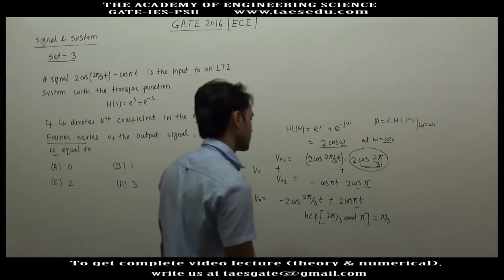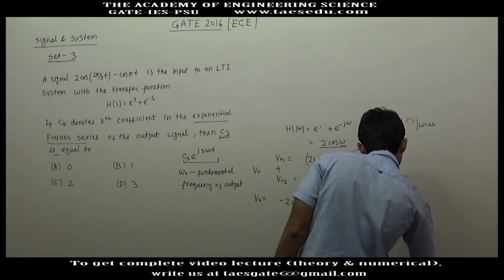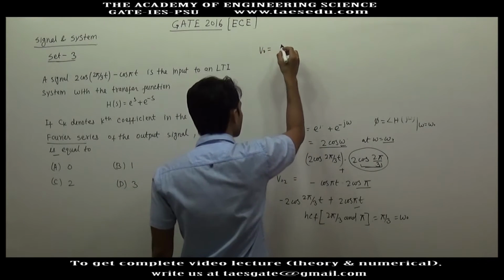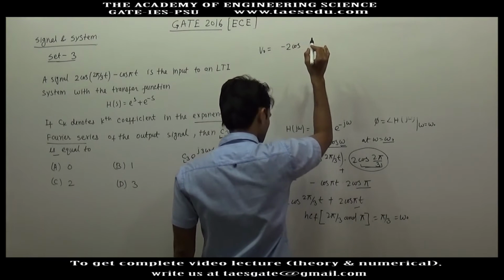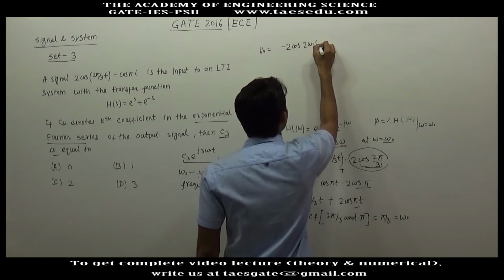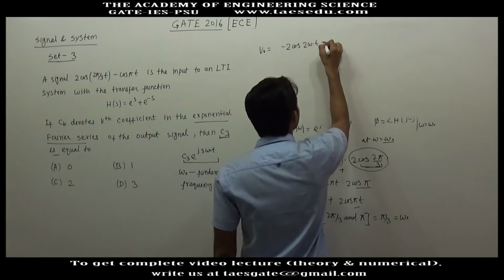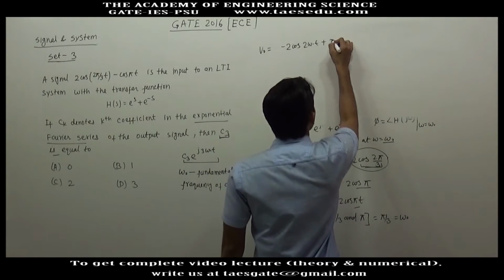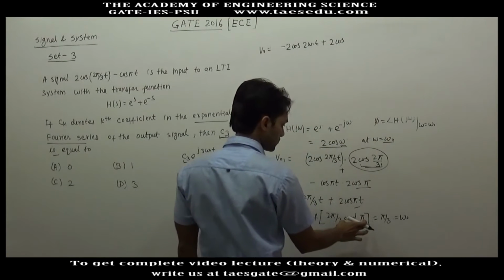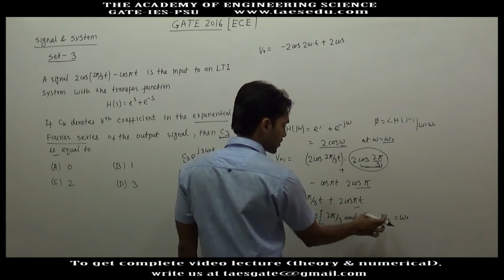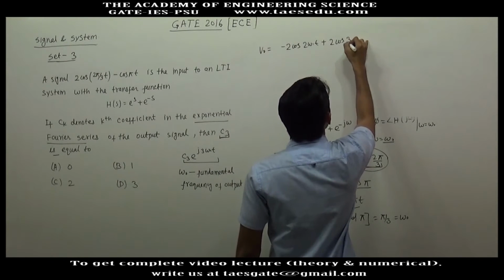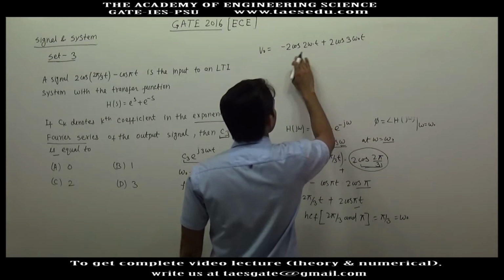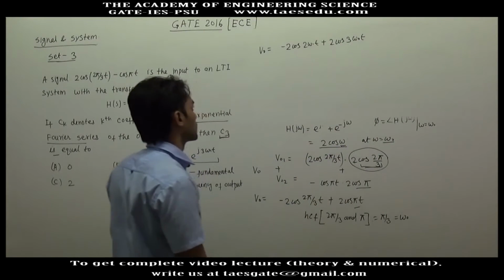So pi by 3 is nothing but omega naught. So V naught will be minus 2 cos 2 omega naught t, this is the second harmonic, plus 2 cos, pi can be written as 3 into pi by 3, and pi by 3 is omega naught, so this is 3 omega naught t. So this is the second harmonic and this is the third harmonic.